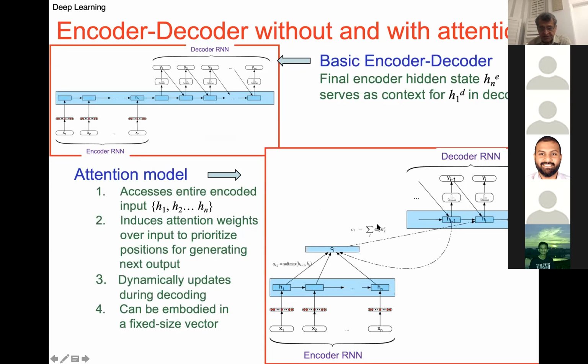These alpha ij's are a softmax over the scores, and these weights together form a context vector. So it accesses the entire encoded input and induces attention weights over the input. It dynamically updates during decoding and can be embodied in a fixed size vector.